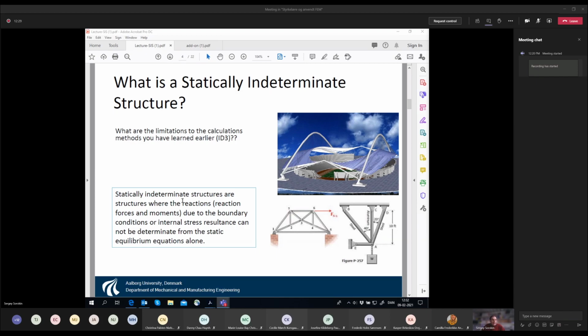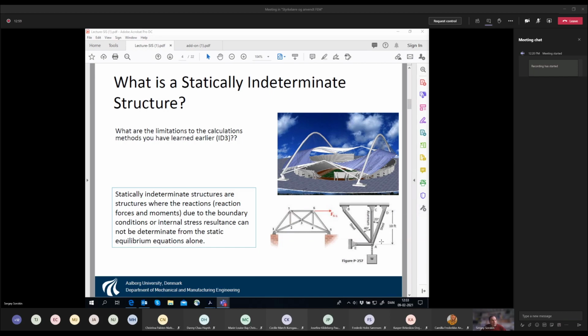And of course, this is absolutely needed in order to secure the strength of the structure. But then we have only 3 equations of equilibrium if we do 2D problems, or 6 equations of equilibrium in spatial structures.